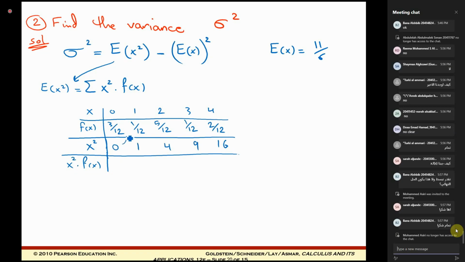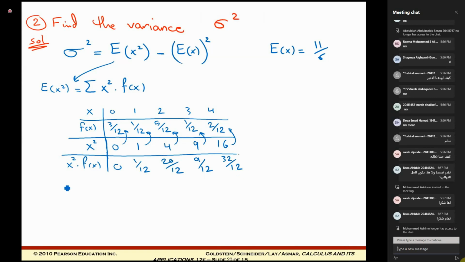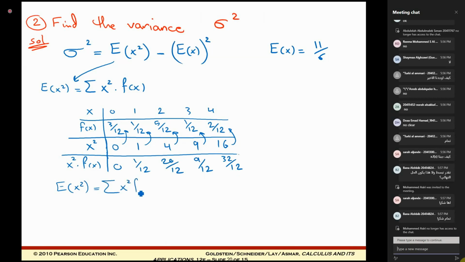Now multiply by f of x: 0, 1 over 12, 20 over 12, 9 over 12, and 32 over 12.